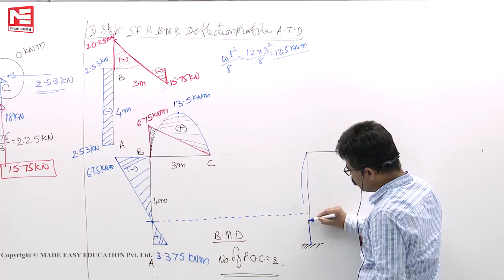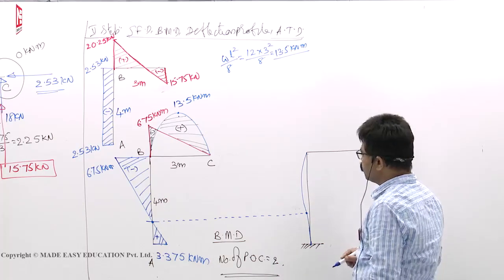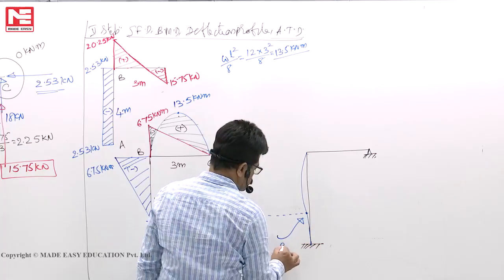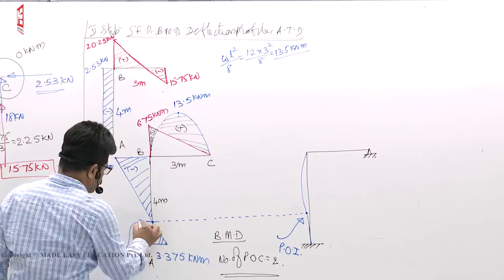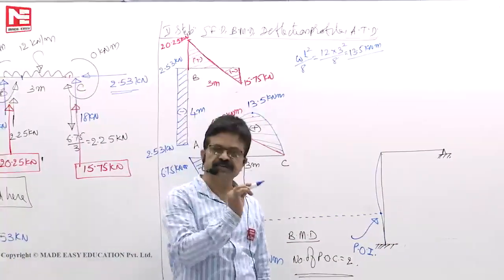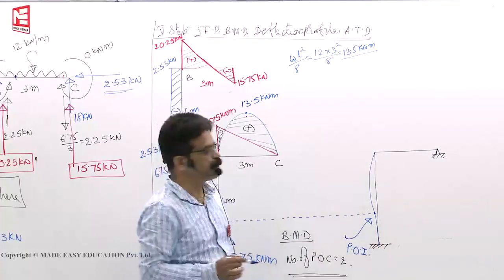In the process it's going up like this up to here. This is called point of inflection. This is called point of contraflexure. Point of contraflexure is shown in the BM diagram. Point of inflection is shown in the deflection profile.